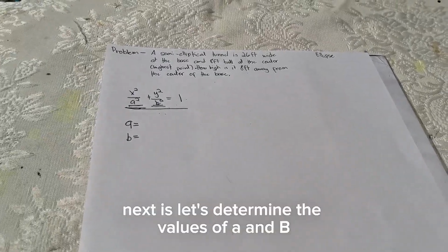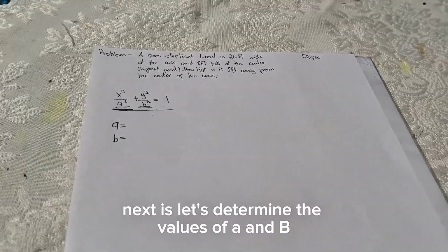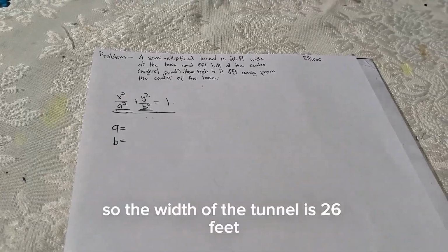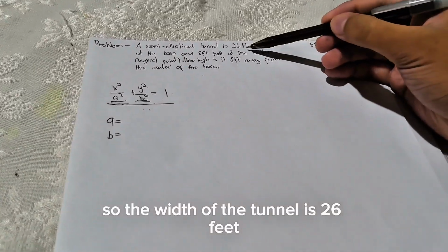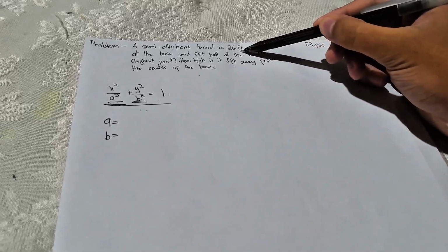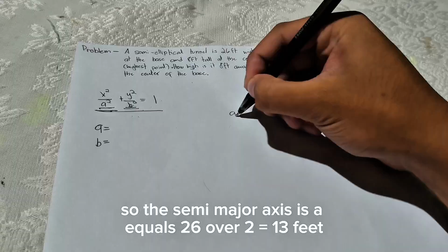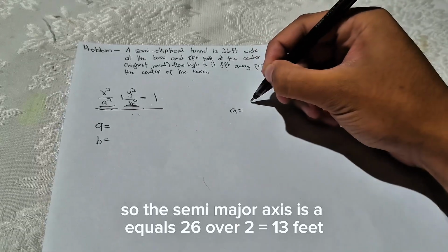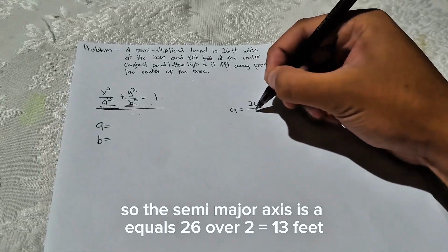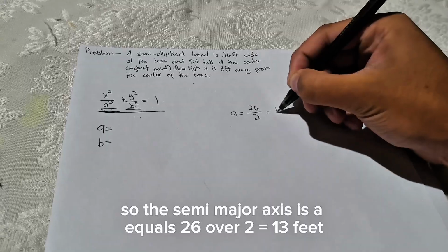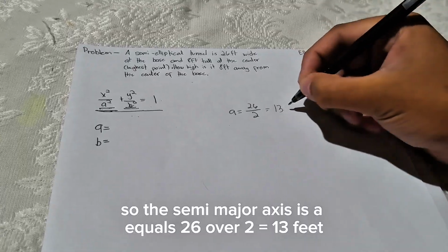Next, let's determine the values of a and b. The width of the tunnel is 26 feet, so the semi-major axis is a equals 26 over 2 equals 13 feet.